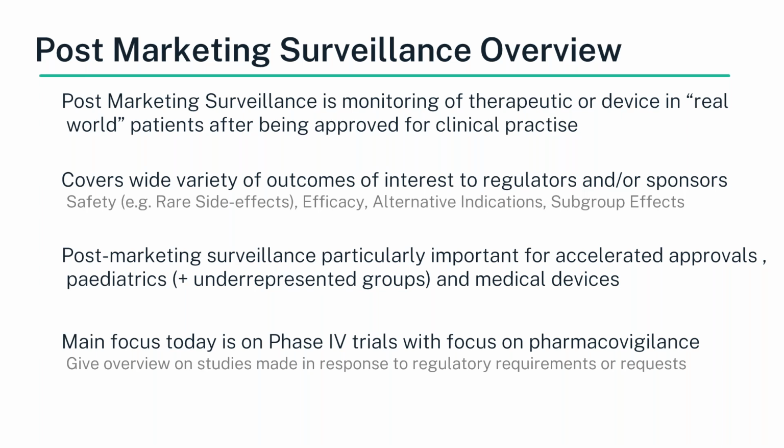Obviously, this is for all patients, children, older people who may have been excluded from the clinical trial. We want to see what's happening in, quote unquote, the real world, in real-world patients, and that's what post-marketing surveillance is designed to do.